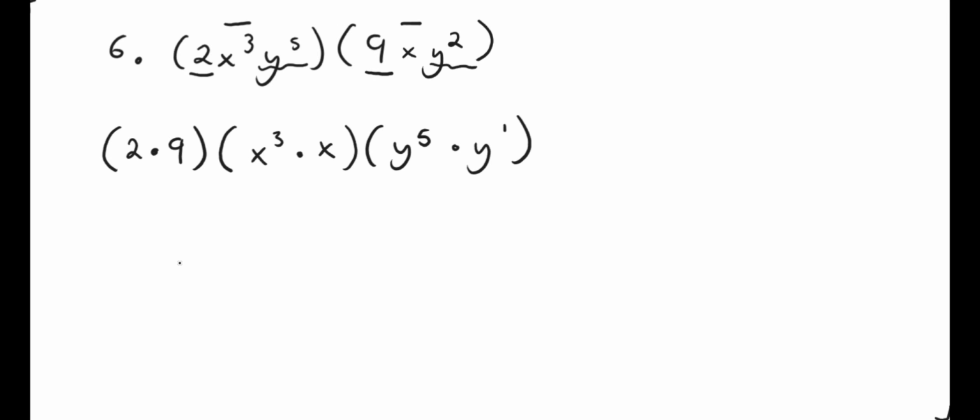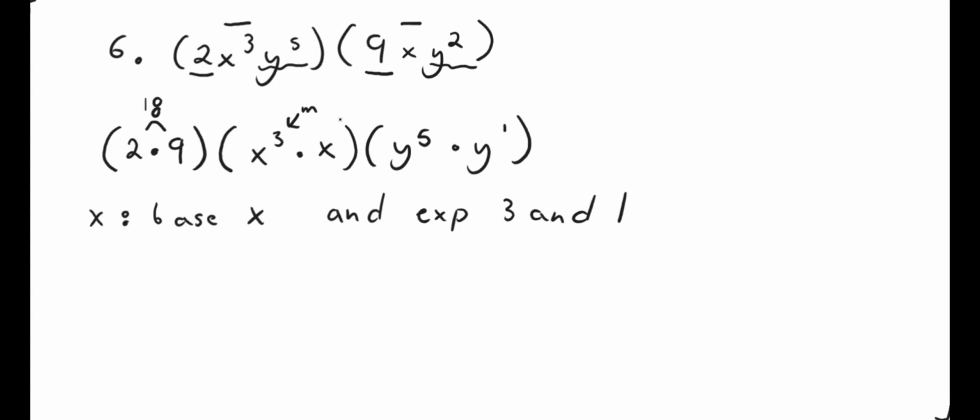Okay. The numbers we can definitely leave to the side. We all know this one's gonna equal 18. Now for these other two, as we can see, we have two bases for two different variables. So let's get that started. Obviously, for the x, our base is going to be an x, and our exponents are going to be 3 and 1.